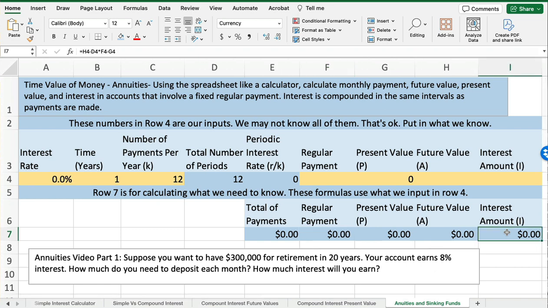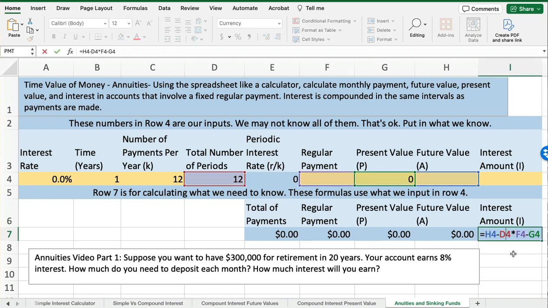To get our interest amount, we go over here to column I, and in I7, not in I4, because we're going to copy the number in there if we get the value. In I7, we're going to type equals, and it starts with the future value H4, and we want to subtract the total of all of our payments and subtract the present value.